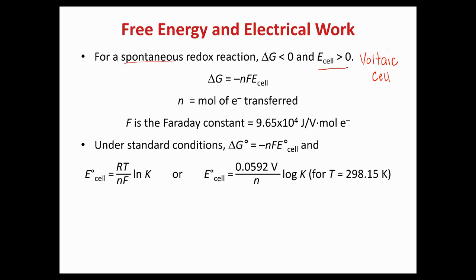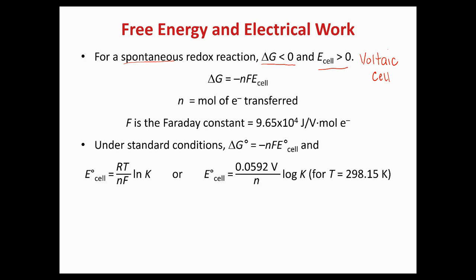The voltaic cell is then able to give off free energy to do work. That's the whole point of a battery, to convert chemical energy into work. So the delta G is always negative when the E of cell is positive in a voltaic cell.